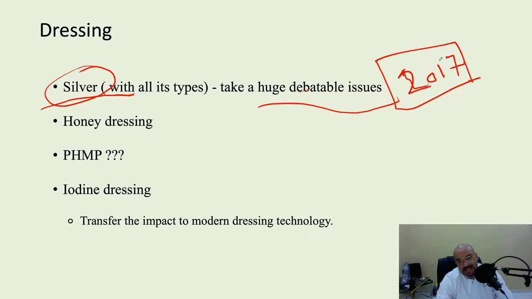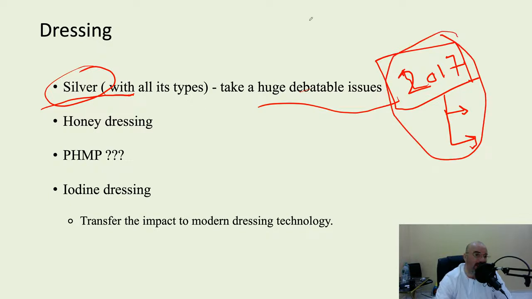They cited reports about its impact on environmental factors, the waste handling of silver, and the debates about different types of silver. This made a huge debate in the field of wound care, while in America and Canada, there is no such debate. So we will talk about this debate.